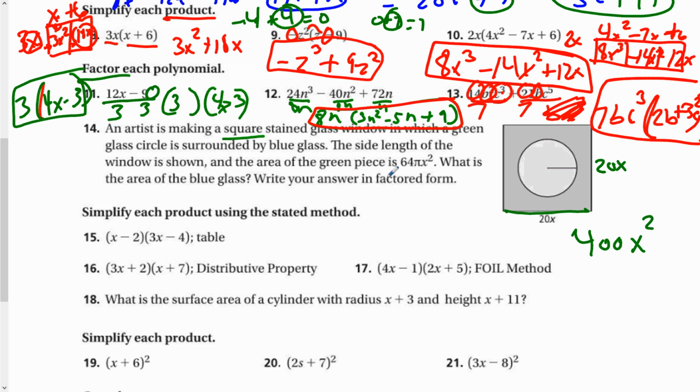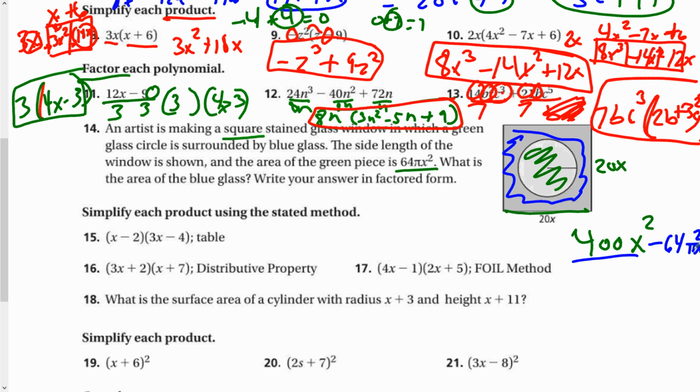And the area of the inside piece is 64 pi x squared. And I want to find the area in between. So that means I take the area of the outside minus the area of the inside. Here I can't subtract these, right? Oh, that's an x squared.